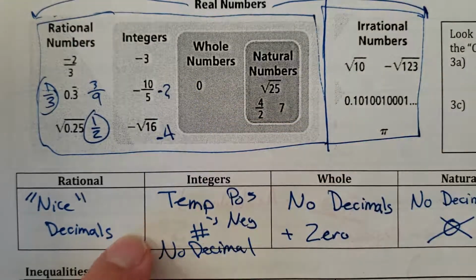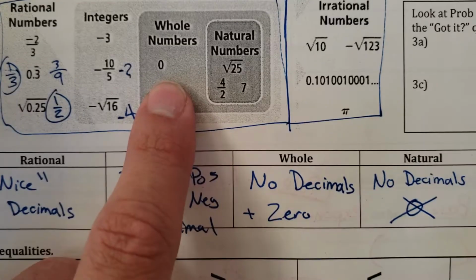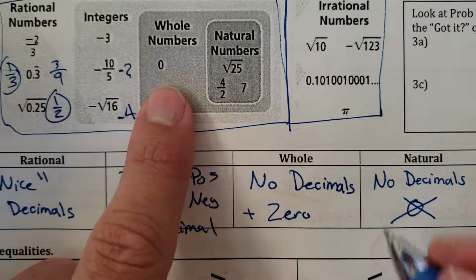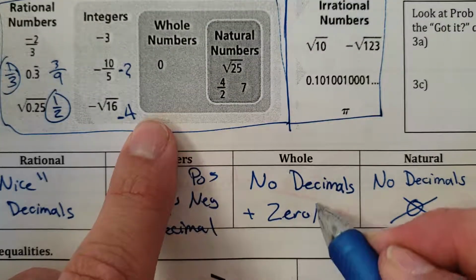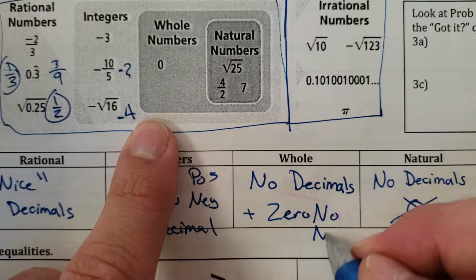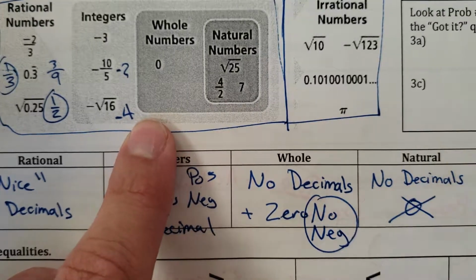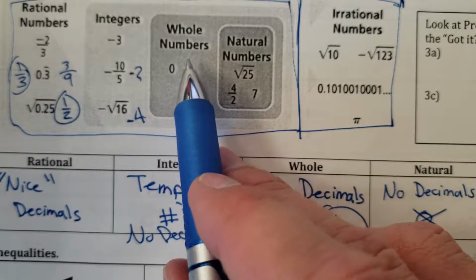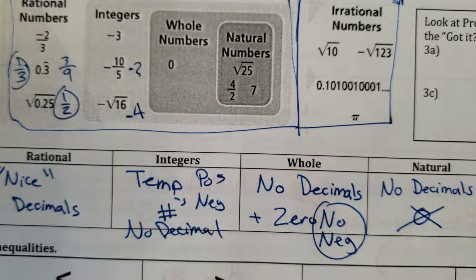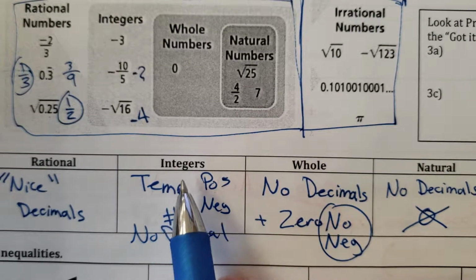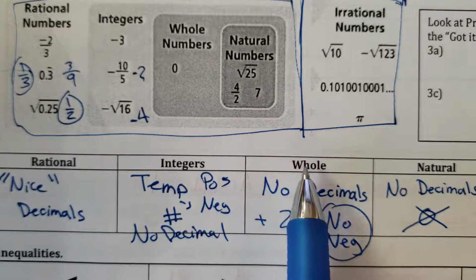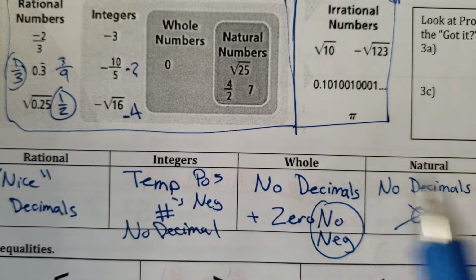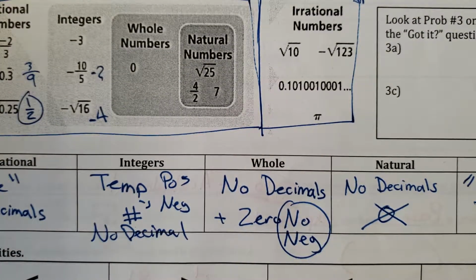Look, temperature numbers. Whole numbers are basically no decimals and no negatives. Oh, I should write that down. No negatives, I forgot. Whole numbers would be like when you're counting the number of people. No decimals, and you can't really have negative people. Temperature, yeah, you can have negative temperatures, but the number of actual physical things, you can't really have negative physical things.